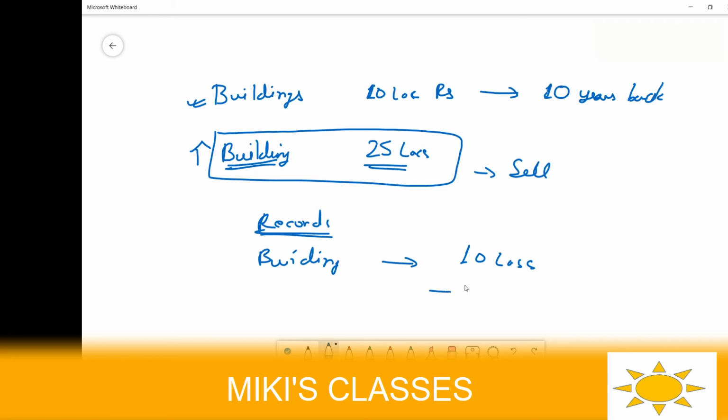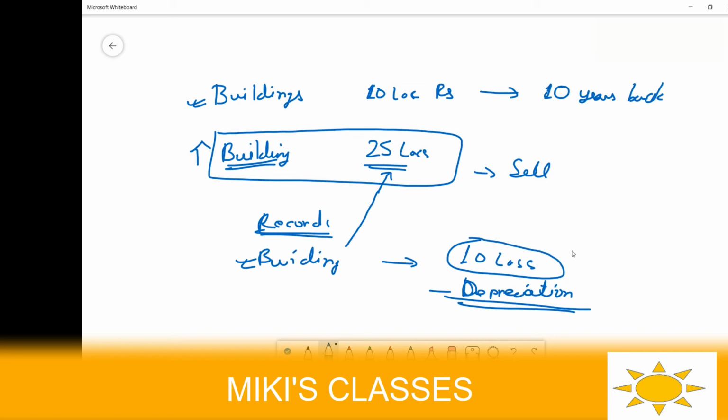In fact, minus something which is called depreciation. Do not worry about this term now. We'll discuss when we come to that chapter. But in the book of accounts, this will show as depreciation. But actually the value might have gone up for your building to 25 lakhs. But your accounting record keeps it as this 10 lakhs, which is a drawback.